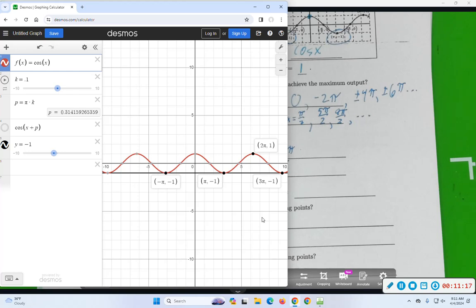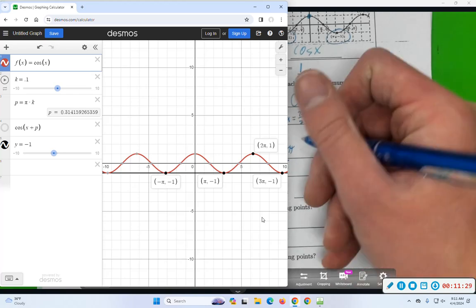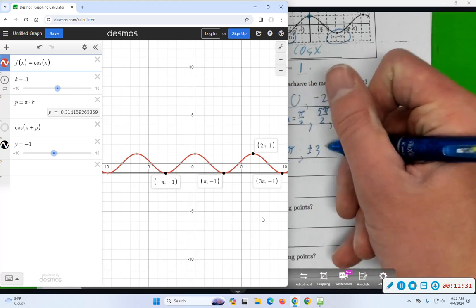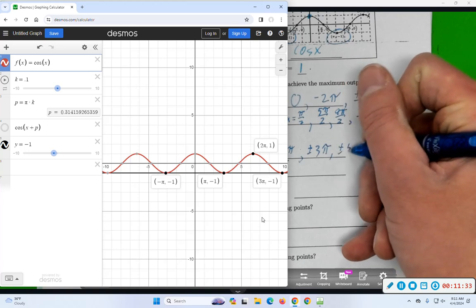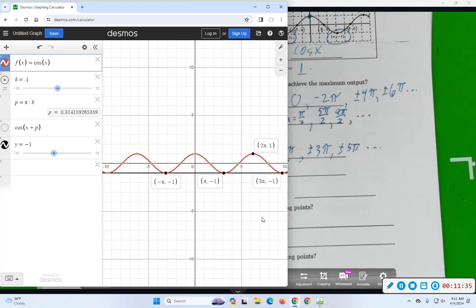So it looks like even multiples of pi maximize cosine, odd ones minimize. And that agrees with the unit circle. Odd multiples of pi will put you over here, at an x value of -1. Cool, feeling pretty good.